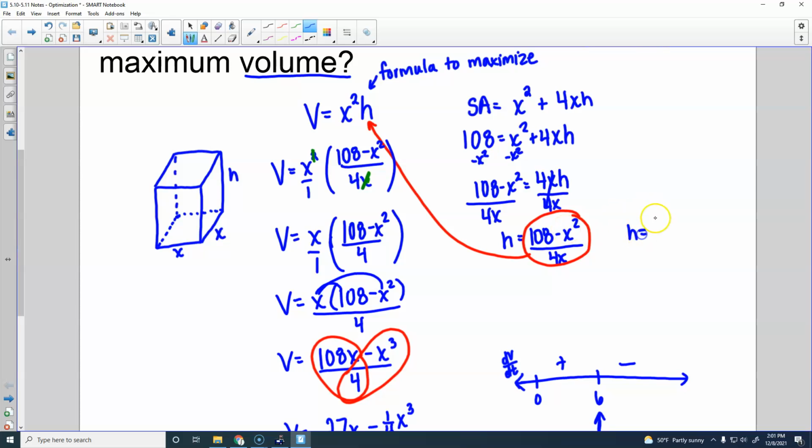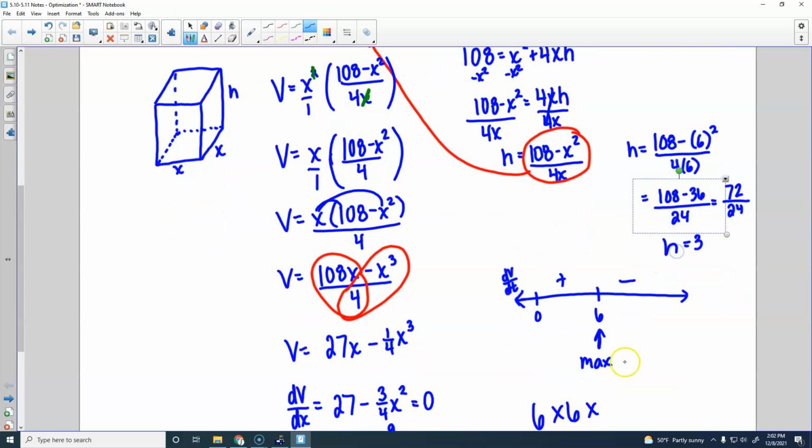So h equals 108 minus 36 over 24, which is going to be 72 over 24, which is 3.